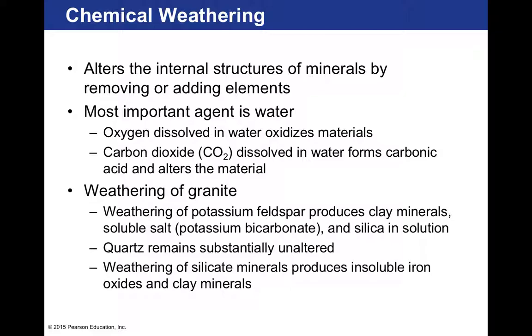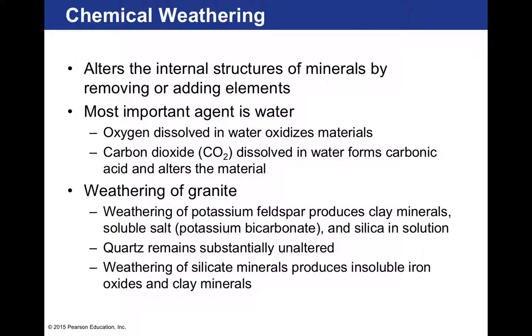All right, chemical weathering. So again, this is going to actually be altering the internal structure of minerals by adding and removing elements. So we're actually going to be changing from one type to another with chemical weathering. Now, more importantly, for chemical weathering, you have to have some chemical agent that's doing this change. And typically that agent is water. So if you put water in basically anything, it has a pH, which indicates the acidity of a substance.